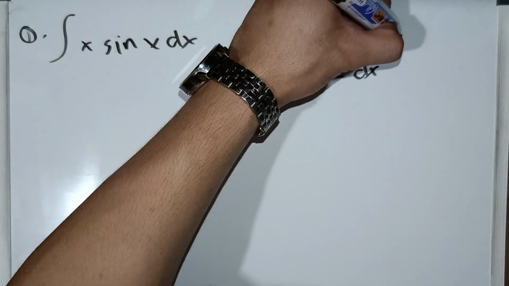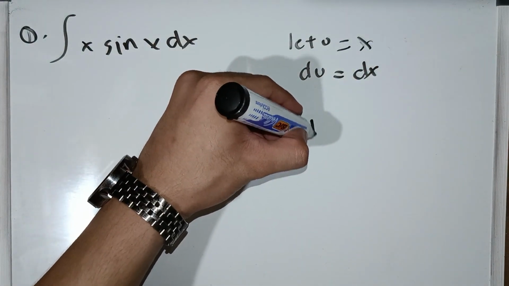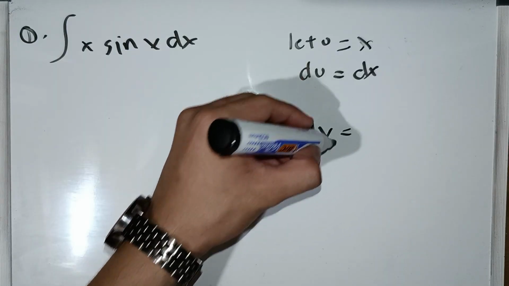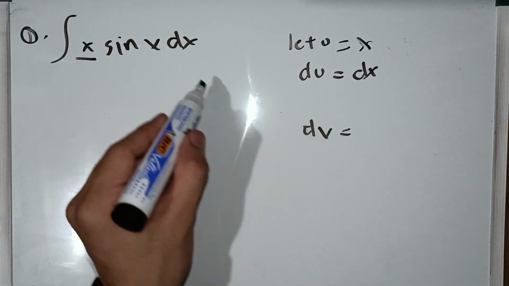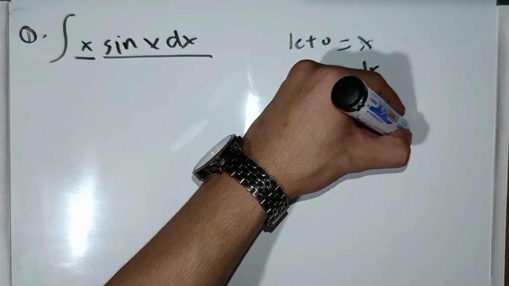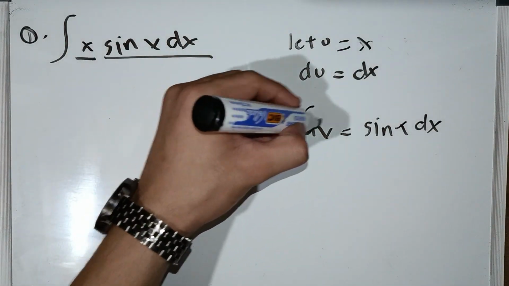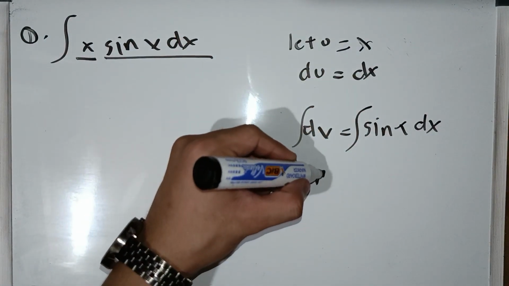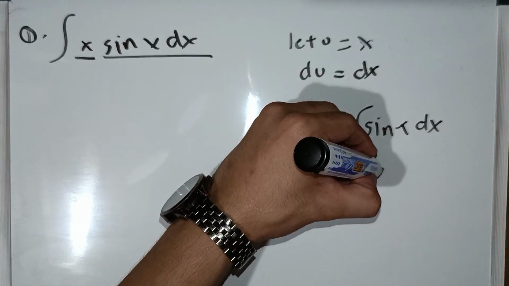And our dv is equal to sin x dx. To get the v, let's integrate this, so v is equal to the integration of this, which is negative cosine x.